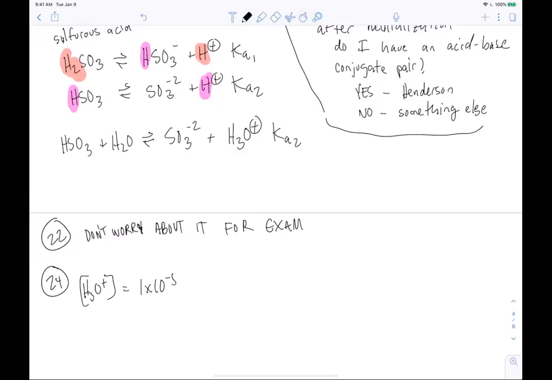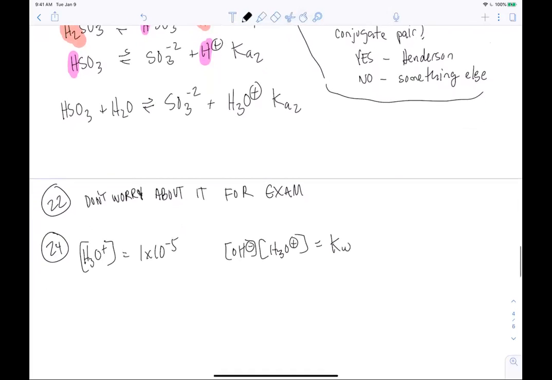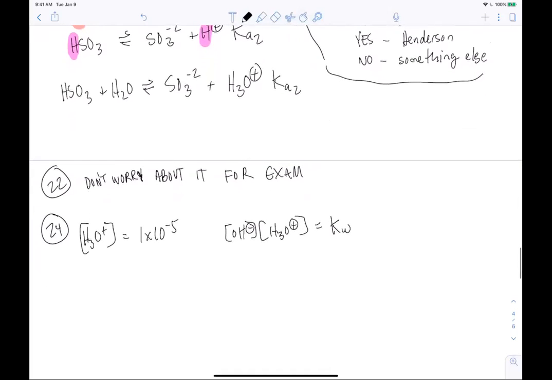This is a fairly straightforward problem if you know this relationship. In a solution made in water, the concentration of hydroxide times the concentration of the hydronium ion has to equal Kw, at constant temperature, at least, so just assume normal temperatures.